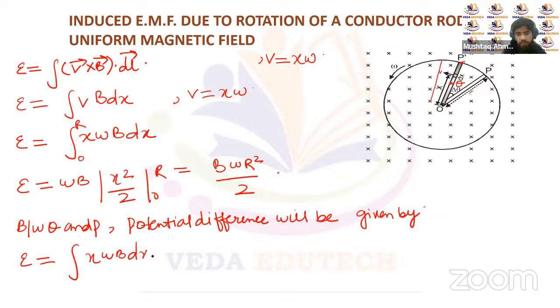But now the limits will change. Now the limits will be from R by 2 to R. So it will be B omega x square over 2, with the limits R over 2 to R.